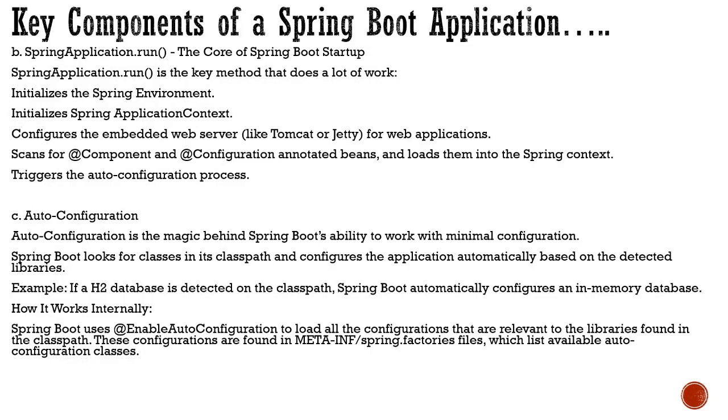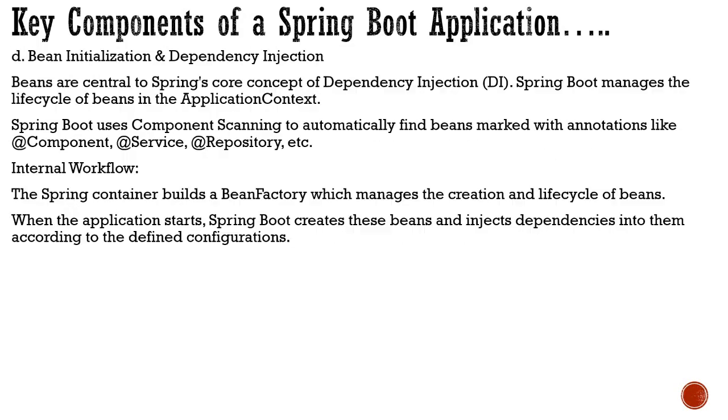Internally, when you use Spring Boot, @EnableAutoConfiguration is there, it will load all the configuration that is relevant to the library found in that particular classpath. So all the relevant things will be loaded. Now this can be found in the META-INF spring.factories file, which is itself a list of auto configuration classes, right? So you will find all those details in that particular file.